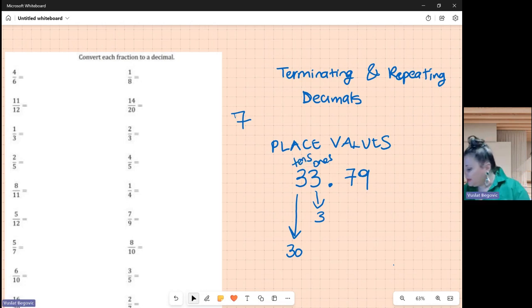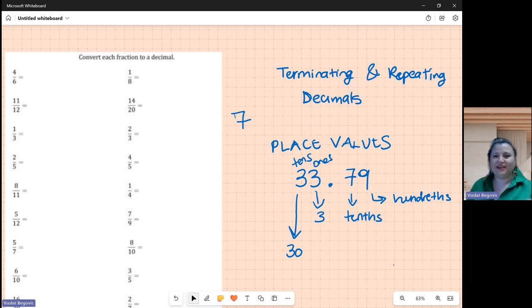And then this one is tenths. I don't know why Turkish people have a hard time making the th sound, so that's the sound that I can't make. Tenths. And this one is hundredths. Not hundreds with a D, it's hundredths. Okay, that's how we have the place values.